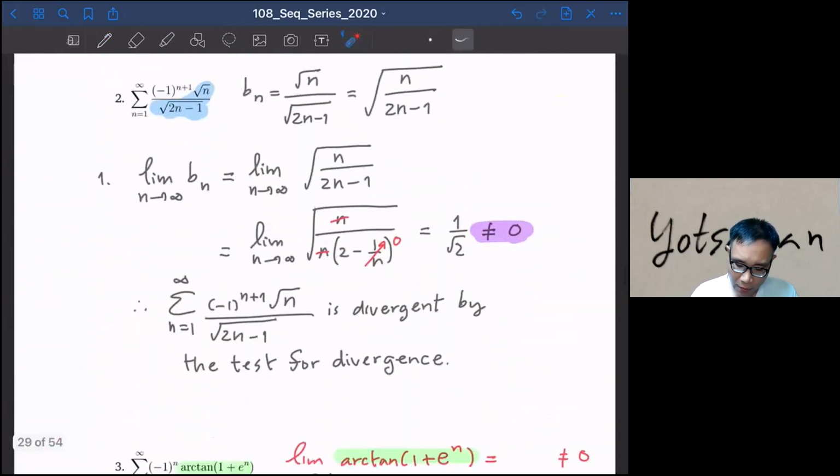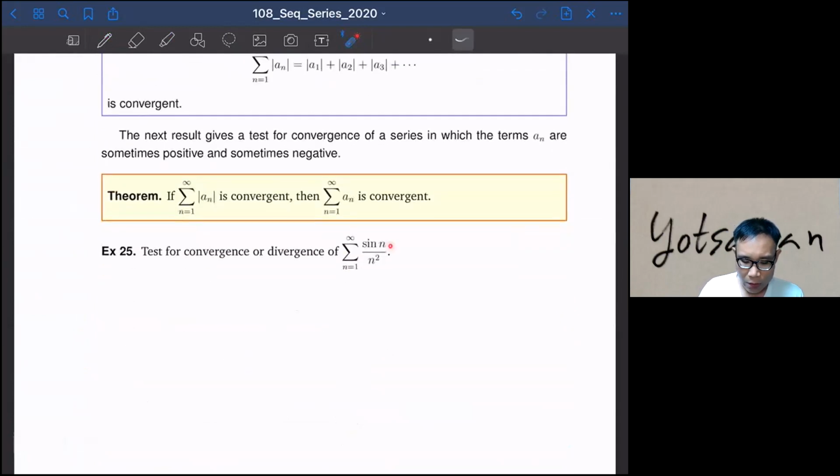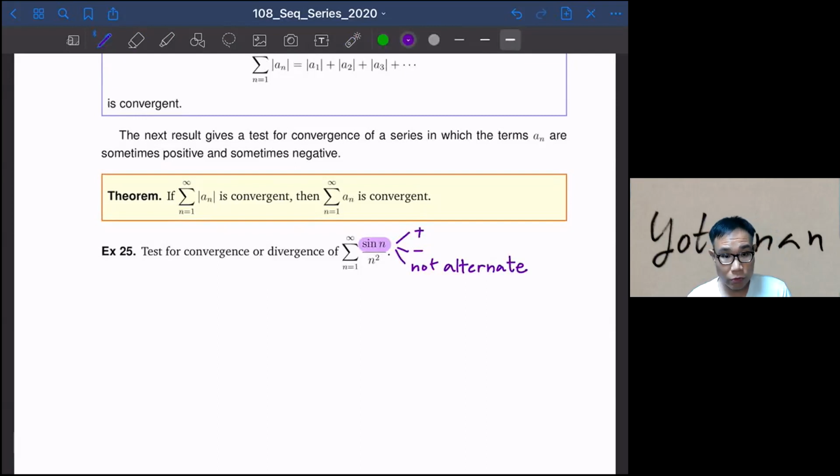For any other series like this one, you will not be able to control sine n. When you see sine n, it's not cos n pi like before. So this can be positive, negative, and it does not alternate.